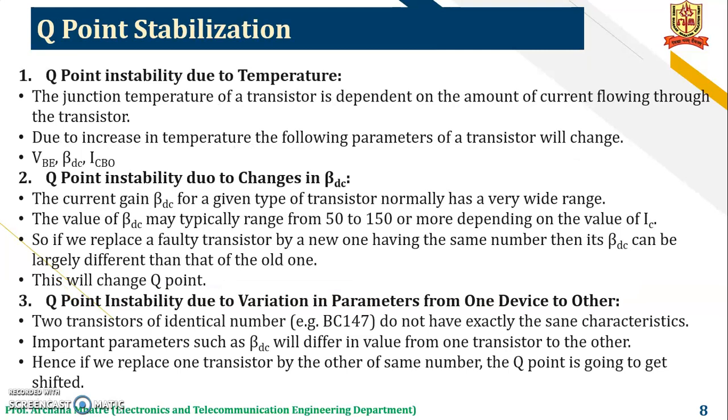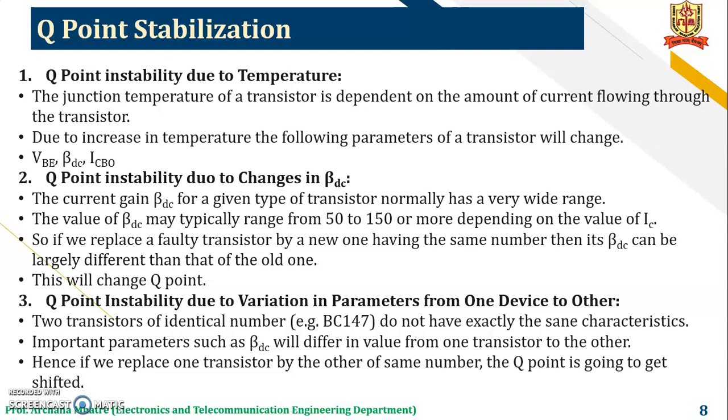First, Q point instability due to temperature. The junction temperature of a transistor is dependent on the amount of current flowing through the transistor. Due to the increase in temperature, the following parameters of a transistor will change: first, voltage from base to emitter, beta DC value, and ICBO.